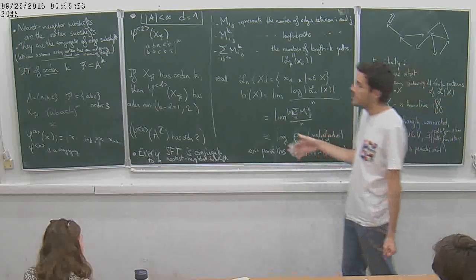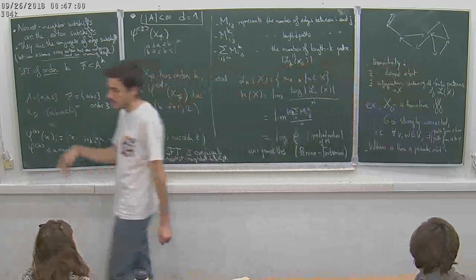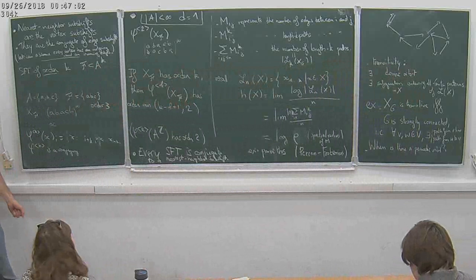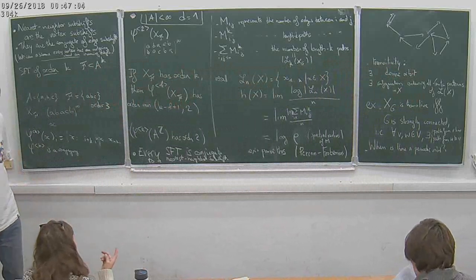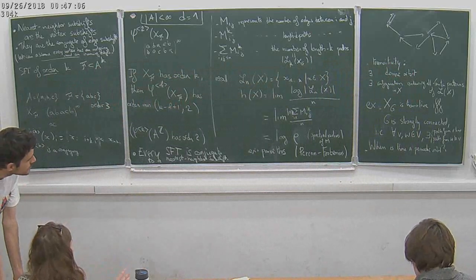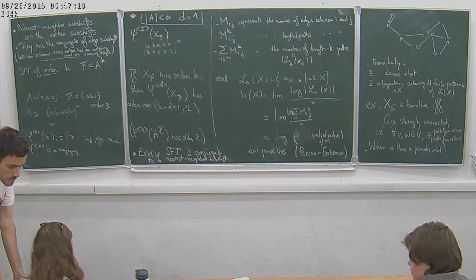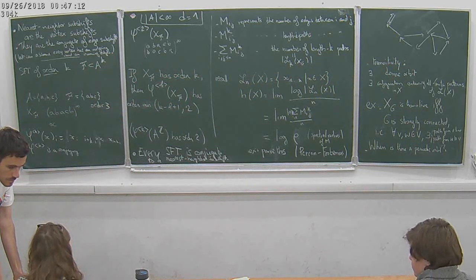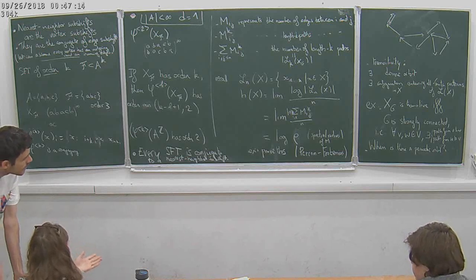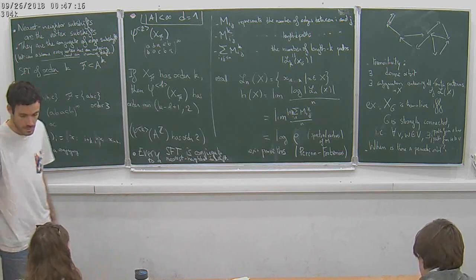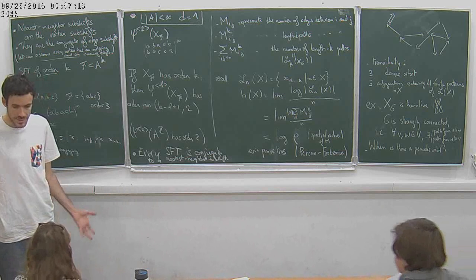This also appears in probability. It appears in many places. This theorem is just linear algebra, nothing else, just the existence of this graph, but linear algebra is everywhere.